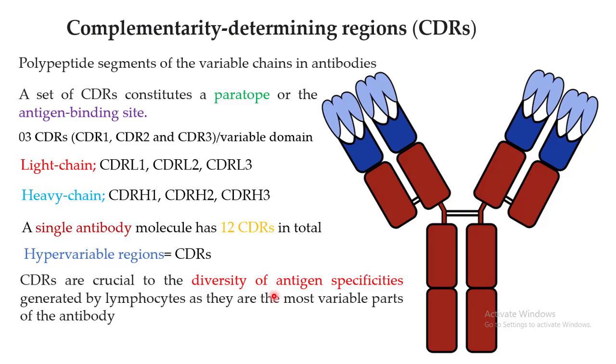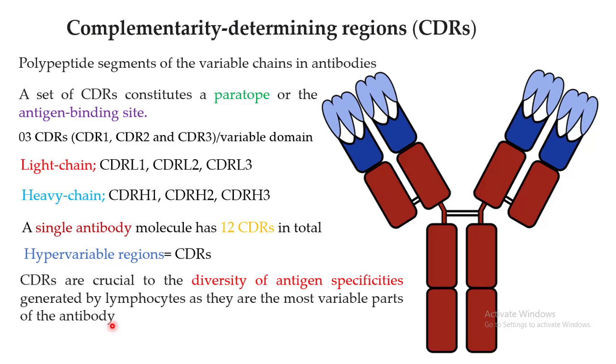A lot of antigens are there in the environment, and if your antibodies are going to recognize all these antigens, there should be variability in the antibodies. These CDR regions are very important for determining the diversity of antigen specificities, as these are the most variable parts of the antibody.